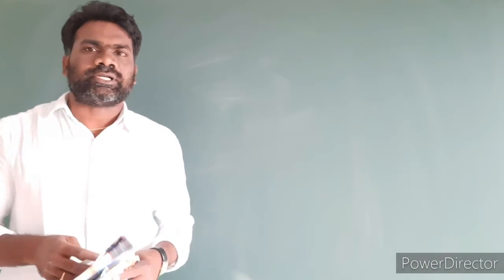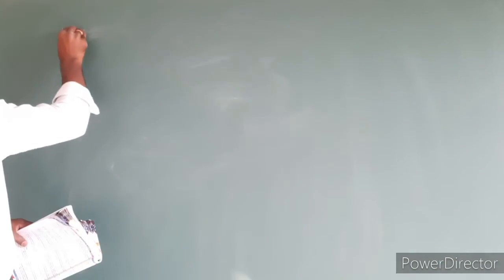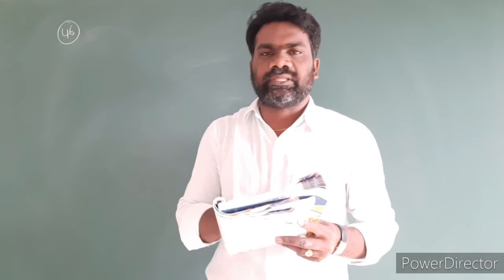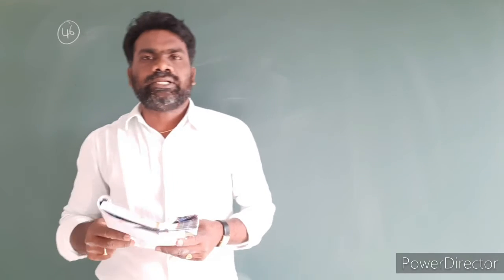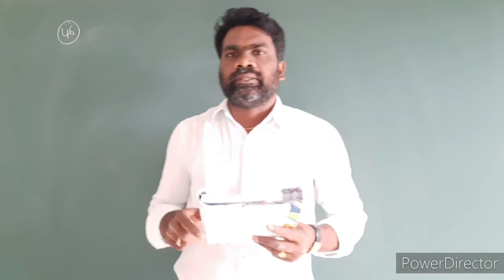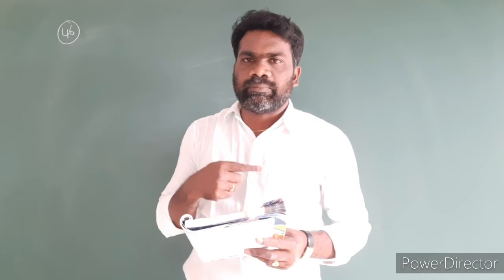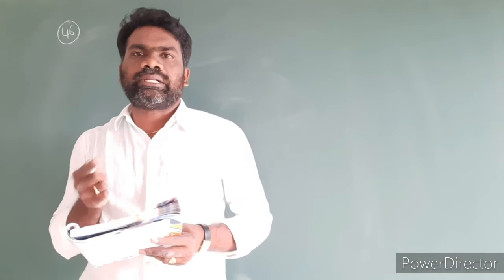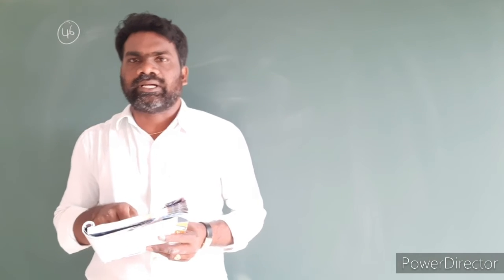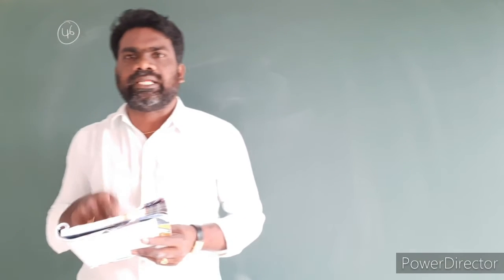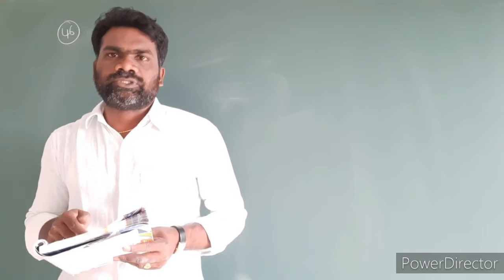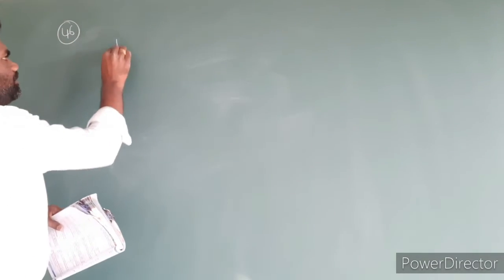Next, question number 46. Look at the question number 46. Dalton's law of partial pressure cannot be applied to the following pairs of gases when they are mixed. According to Dalton's law of partial pressure, the total pressure exerted by a mixture of non-reactive gases is equal to the sum of the partial pressures of individual gases present in the mixture.